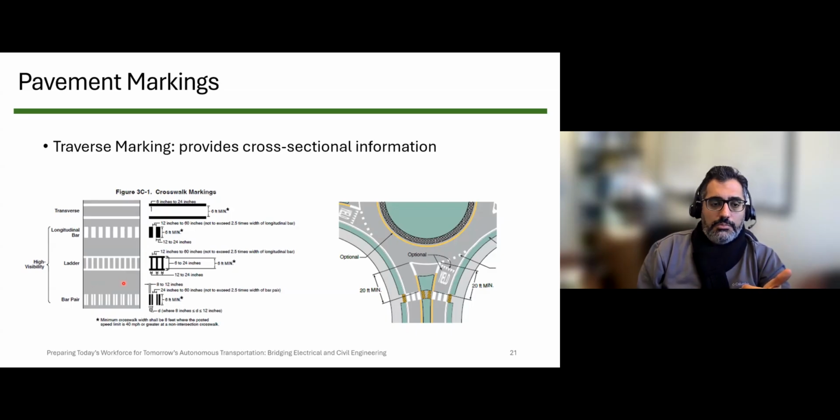This buffer gives more visibility to pedestrians who are crossing in front of those bigger vehicles. Another one is yield signs and yield lines, mostly at the entrance to roundabouts, where we know that entering vehicles should yield the right of way to circulating vehicles. We will use the yield marking.